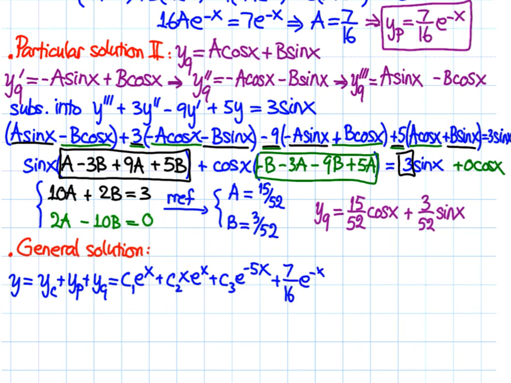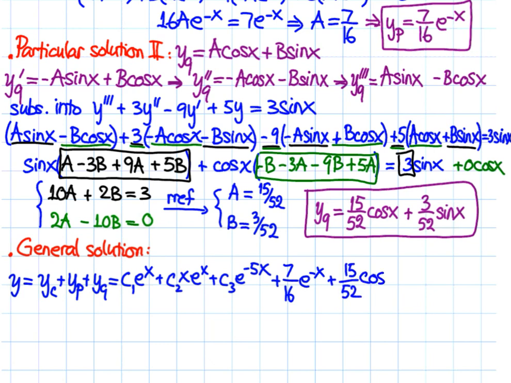And particular solution number 2, 15/52 cosine x plus 3/52 sine x. And that's what we have for this problem.